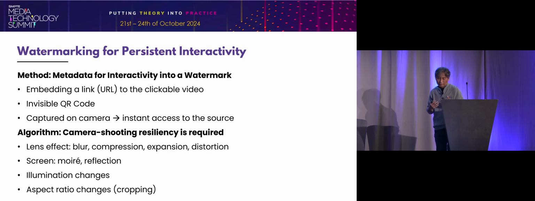If you're inside the room or outside, the illumination changes quite a bit, and that has to be treated as well. Also, the aspect ratio of the display and your camera may not be the same, so some of the picture needs to be cropped. That's another issue that we need to go through.